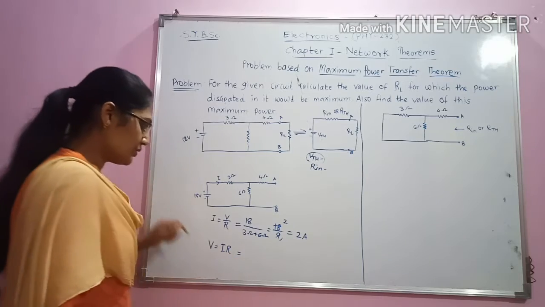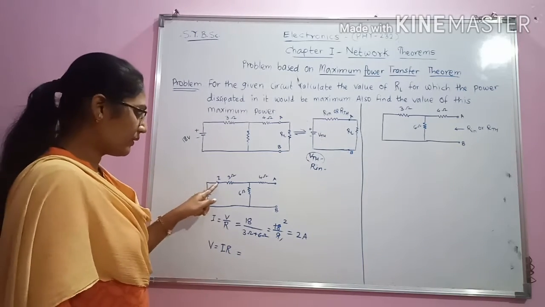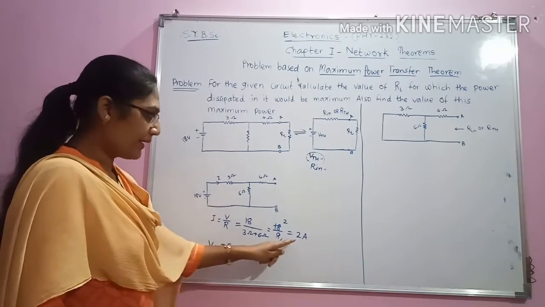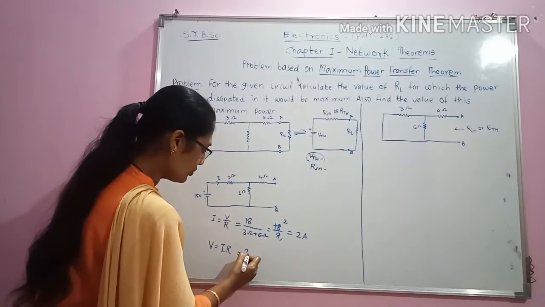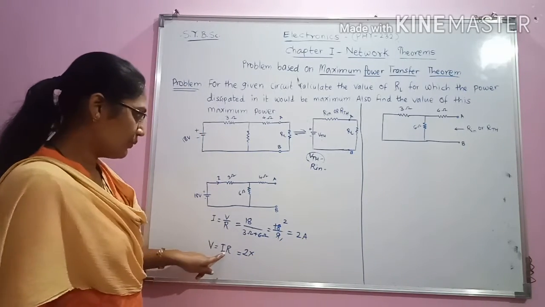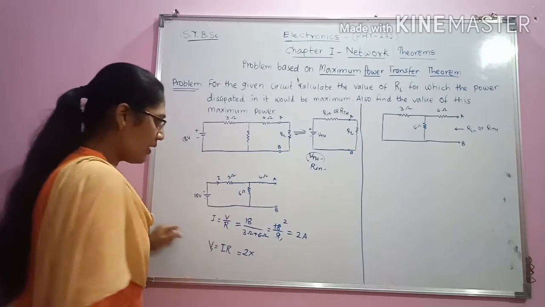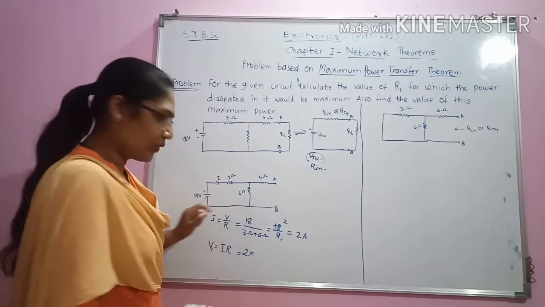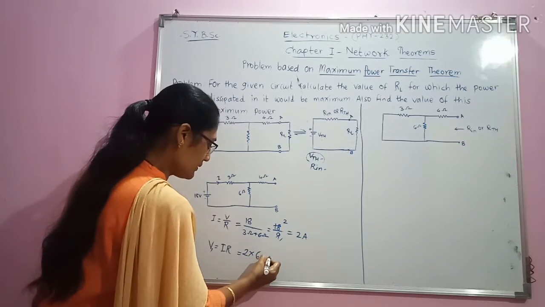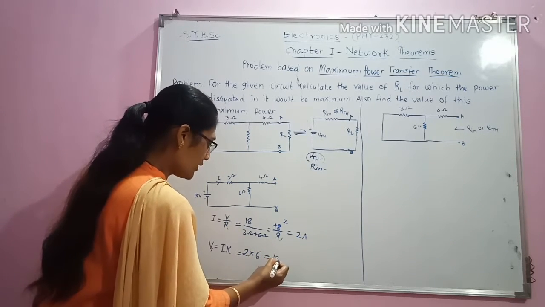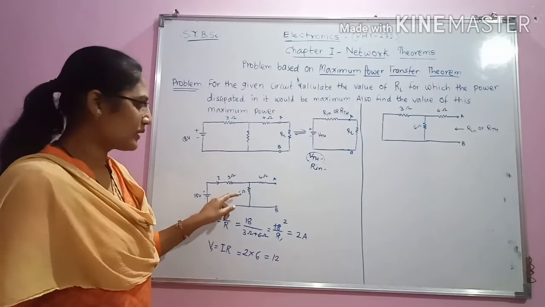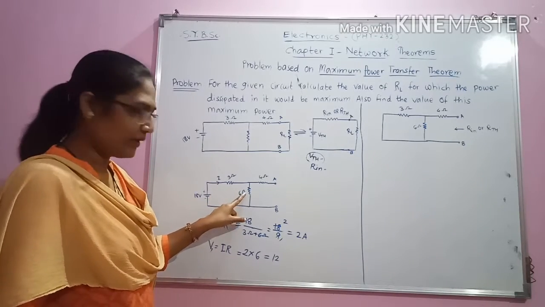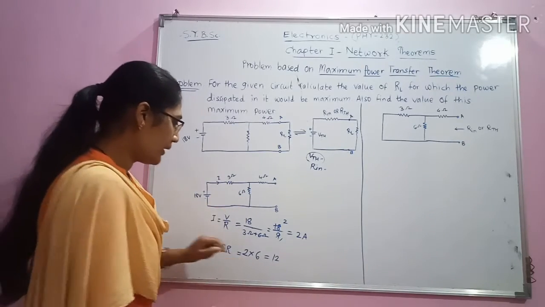We have just calculated the current flowing through this circuit as 2, and the R value is given as 6 ohm. So the voltage drop across this 6 ohm resistor comes out as 12 volt.